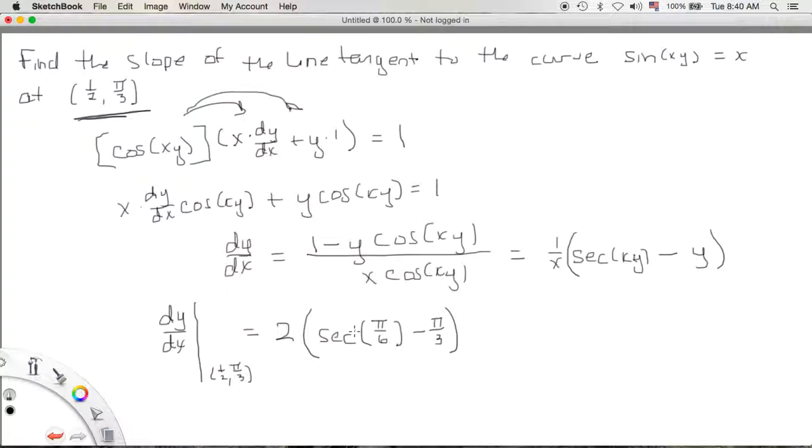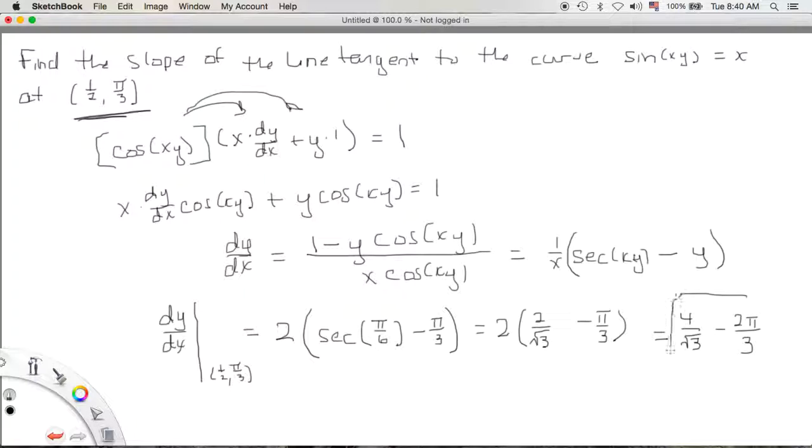So now we have to use our unit circle. The cosine of pi over 6 is square root of 3 over 2, so the secant is the reciprocal of that. So it's 2 over the square root of 3. And multiply that through. You can't really simplify this more than just getting a decimal approximation, but that's fine.